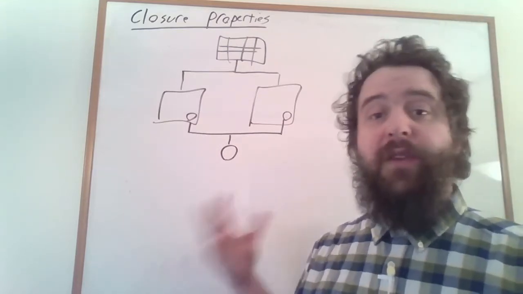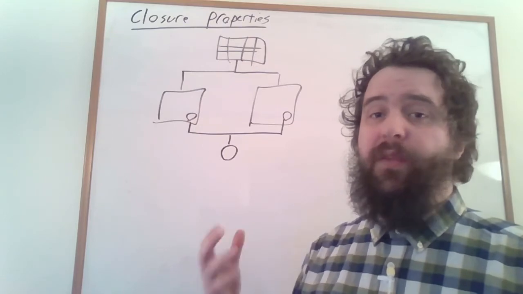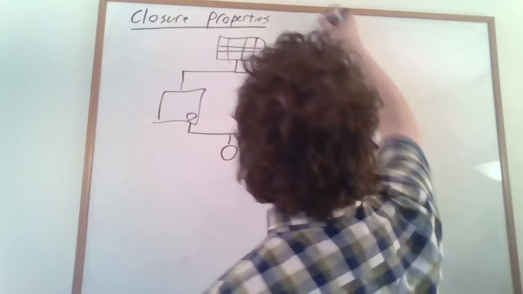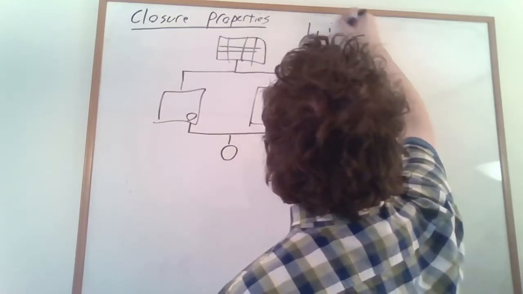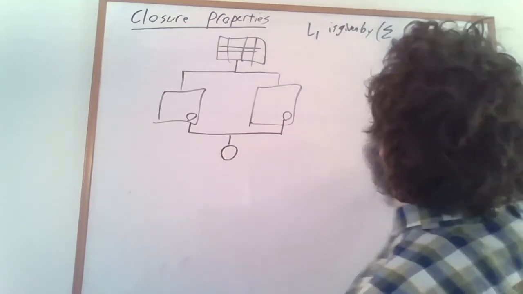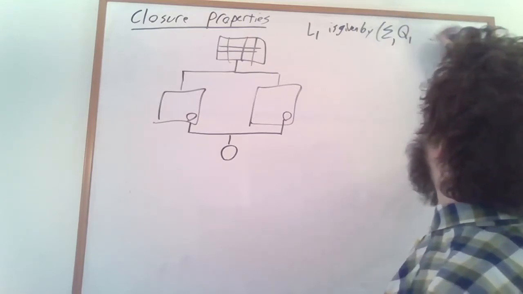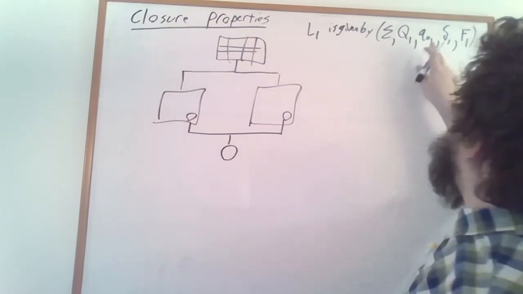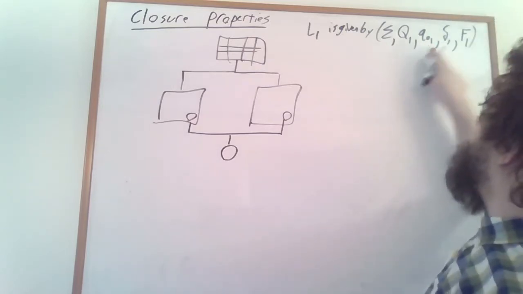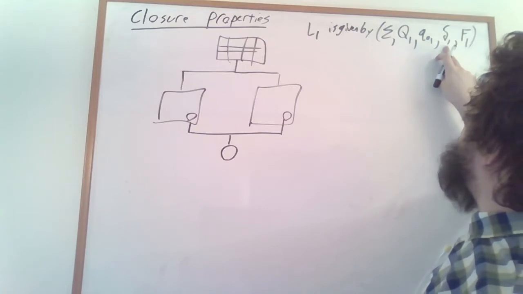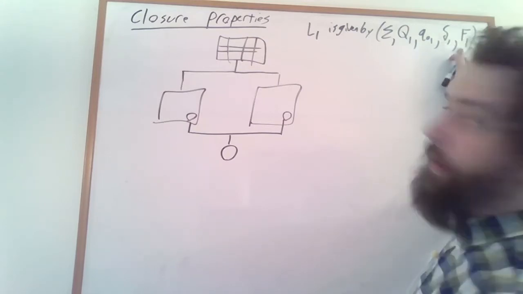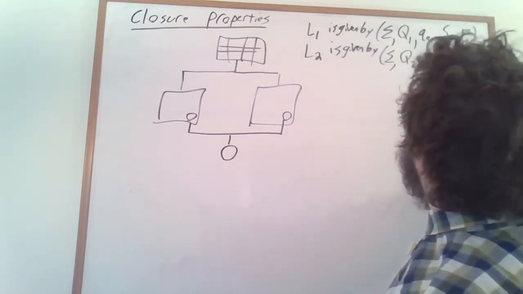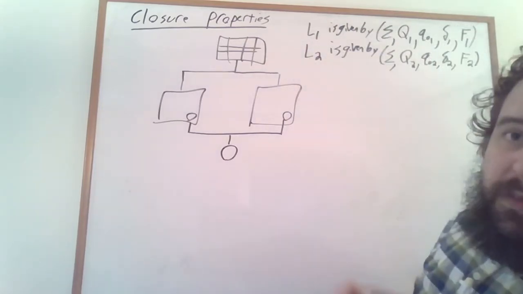This perspective also gives us a really good intuition if we want to make this proof a little bit more formal. Suppose that our first language, L1, is given by one finite state automaton with set of states Q1, initial state q0,1, transition function delta 1, and set of final states F1, and language L2 is given by those things with an index of 2.